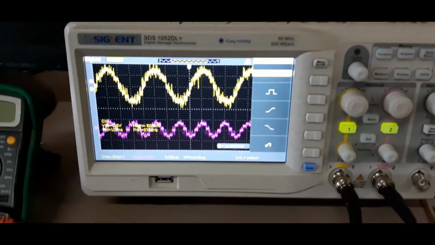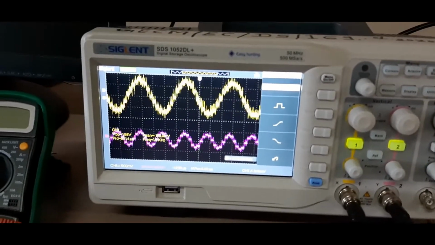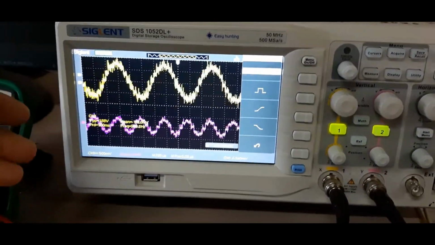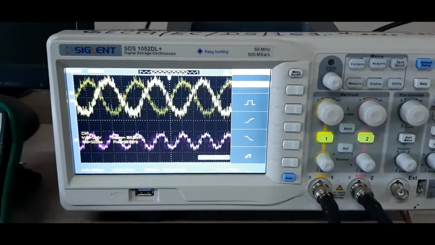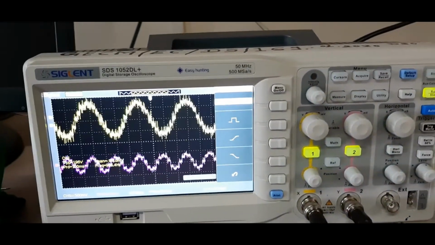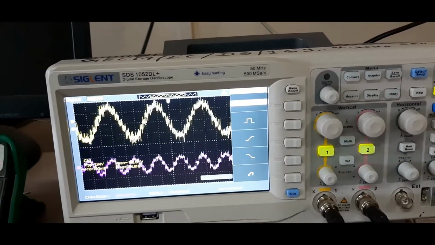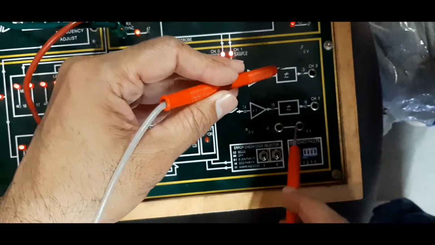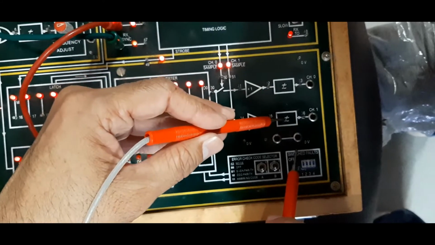We can see that the original 1 kilohertz and 2 kilohertz signals from the sources are now appearing, but they are highly distorted because a number of high frequency components need to be removed, and for this purpose we have these two low pass filters.